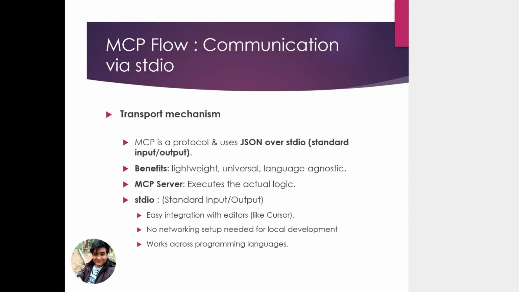Now, how is the communication, the transport mechanism, executed? We need to understand that MCP is a protocol, and it uses JSON over the standard input output transport mechanism, which is the mechanism we have been using so far in our practical examples. The benefits are that it is lightweight, universal, and language agnostic.